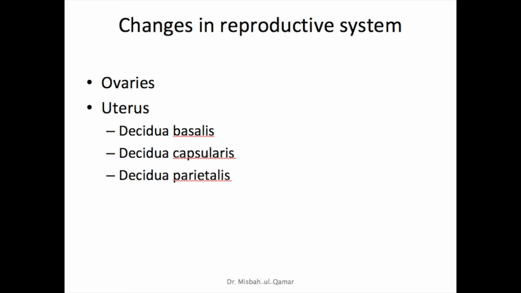Normal weight of 30 to 50 grams increases to 1000 to 1200 grams due to hyperplasia and hypertrophy of myometrium, along with 3 layers of decidua at the third month, which are listed here. The decidua capsularis and the decidua parietalis merge after the third month.